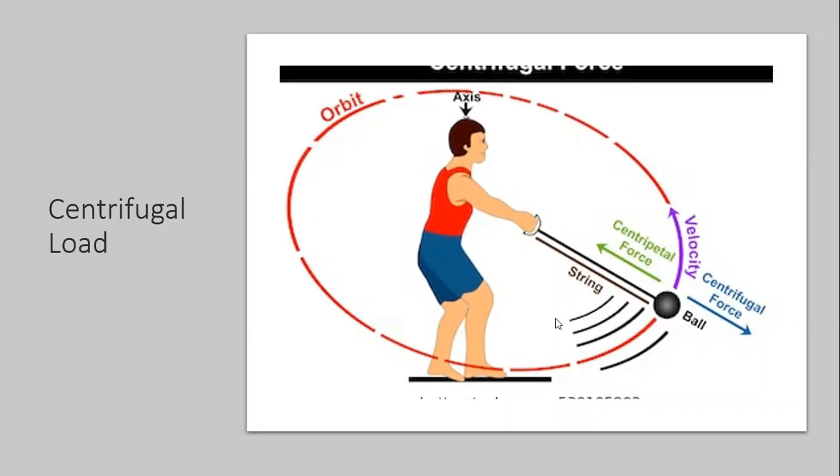The person right here is spinning the ball within the axis, which is himself, and the centrifugal force is the force being caused by the rope and the ball, which I'm sure a lot of you could visualize. You're spinning around, the string is being stretched out, right?